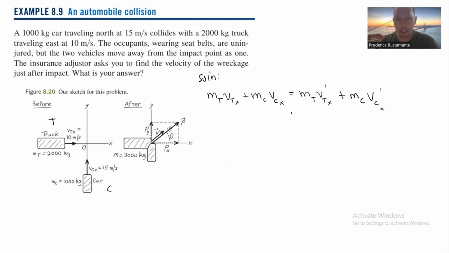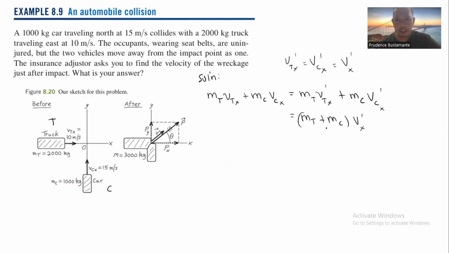Since this is completely inelastic, we can say that the final velocity of the truck along x is equal to the final velocity of the car along x, which is just Vx prime. So the mass of T plus the mass of C will multiply the velocity Vx prime.